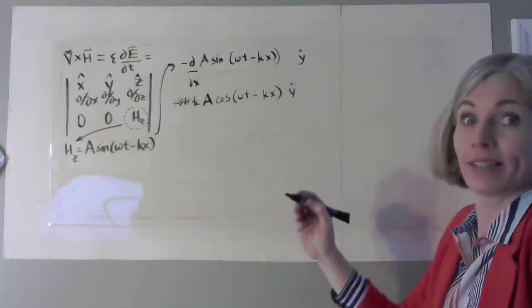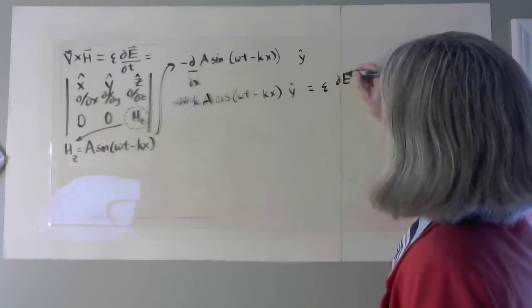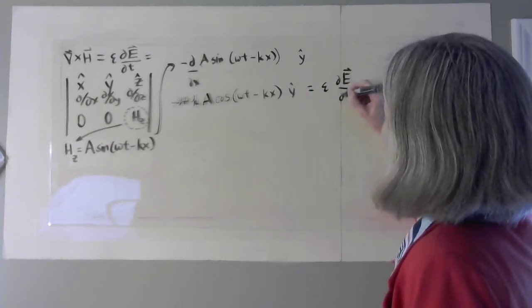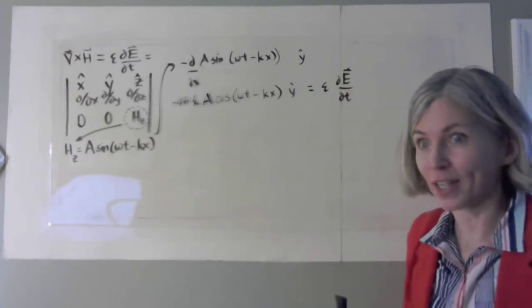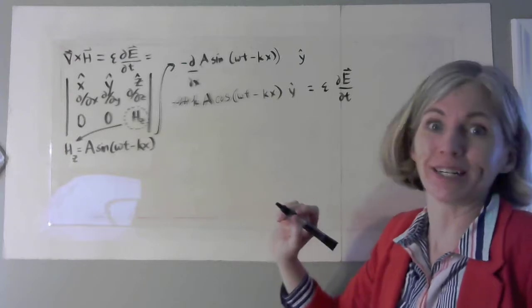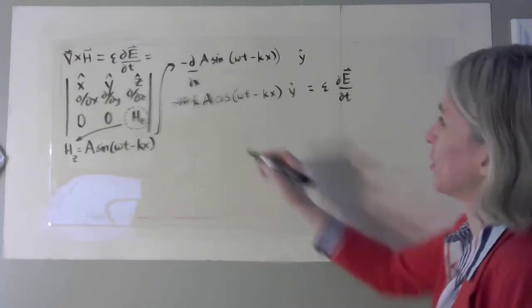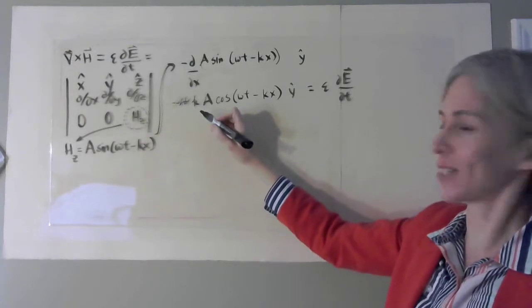Okay, so we got this plus right here. That's the time derivative of the electric field. So finally we got rid of H. How are we going to turn magnetic field in amps per meter into electric field? Well, we're getting some extra constants.